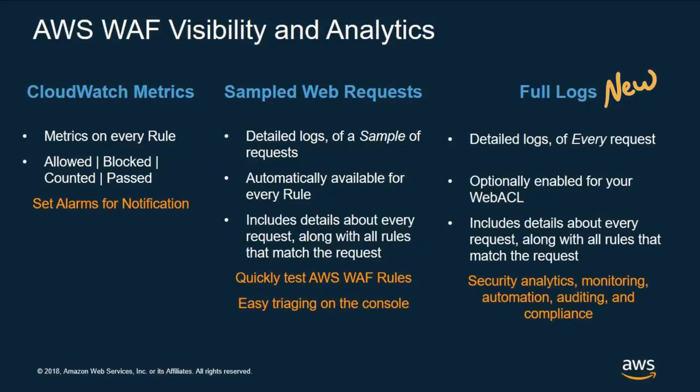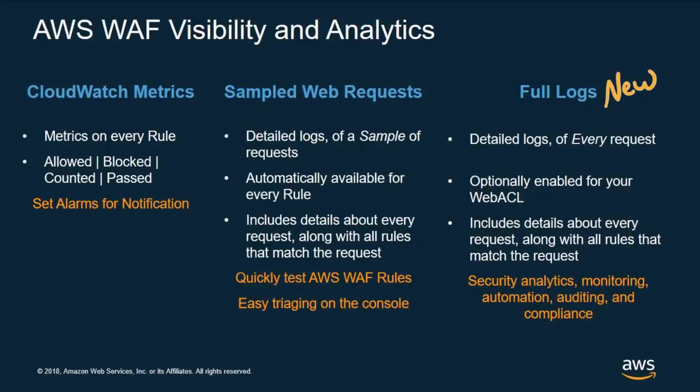And the new type of logs, or analytics, I should say visibility, that we recently launched is the AWS WAF full logs. Unlike sample web requests, full logs provide detailed logs for every request that is inspected by AWS WAF. And you enable full logs for your web ACL as opposed to enabling it for every rule.